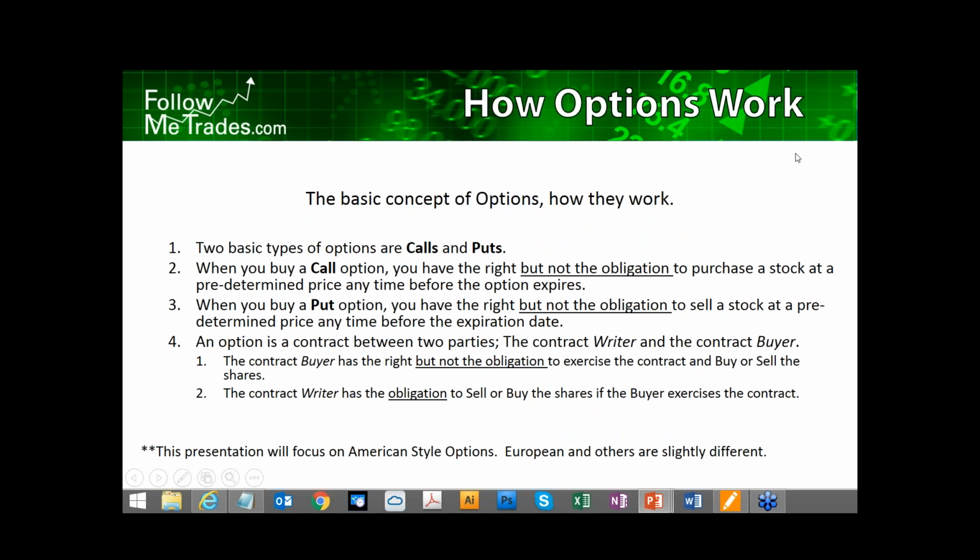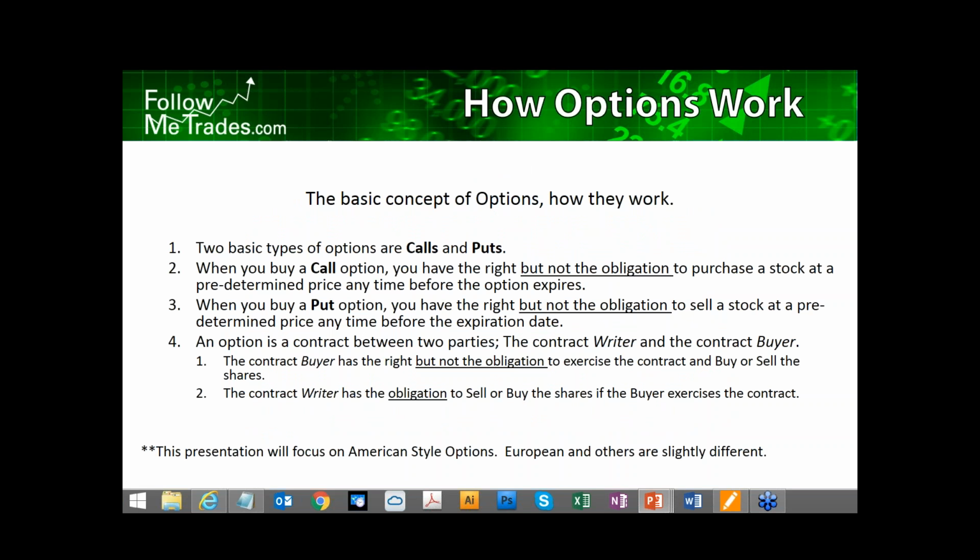Let's jump right into this. So stock options, how do they work? So there's 2 basic types of options. There's calls and there's puts. And you probably heard those terms. So when you buy a call option, what you're buying, it's a contract. You're buying the right, but not the obligation. And that's really important, and I've underlined it there.